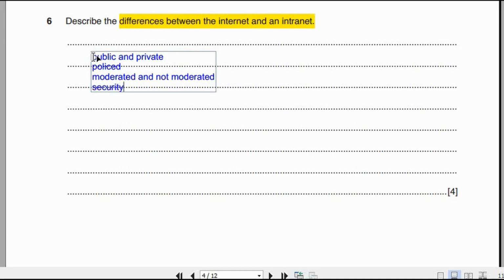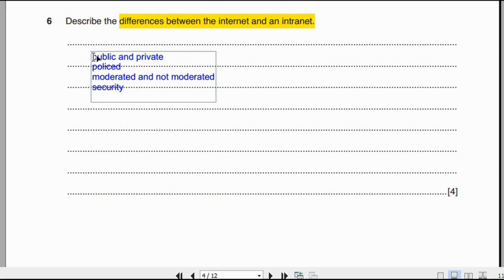Intranet is not as secure, although the internet is very secure, I mean relatively secure. Nowadays, after TLS, the Transport Layer Security protocol, internet communication has become very secure, but there are still loopholes and vulnerabilities. So relatively, the internet is more secure than the intranet.